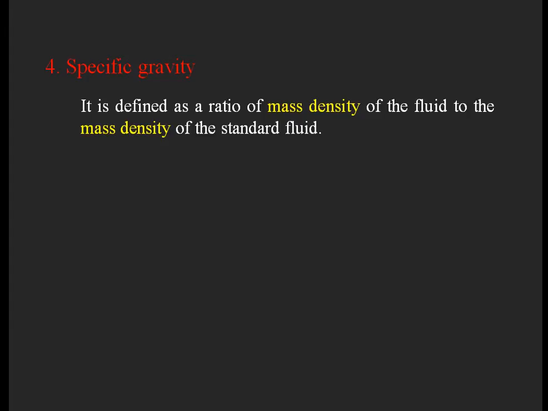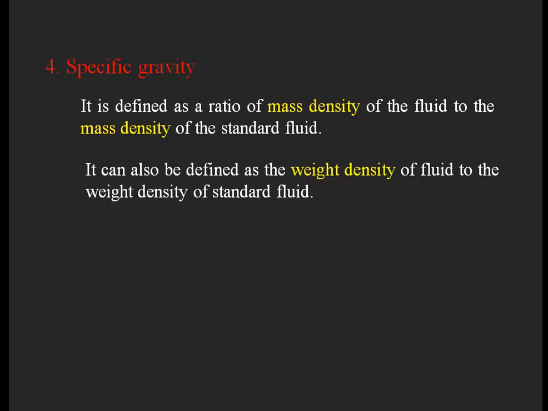Here we are taking the ratio between two similar quantities, so it is a dimensionless quantity. It can also be defined in terms of weight density: the weight density of the fluid to the weight density of the standard fluid. Either we can consider mass density or weight density.